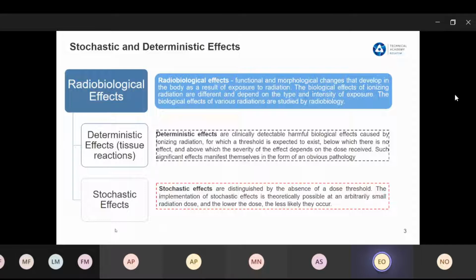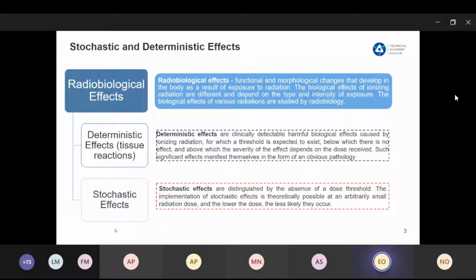Deterministic effects are clinically detectable harmful biological effects caused by ionizing radiation, for which a threshold is expected to exist, below which there is no effect, and above which the severity of the effect depends on the dose received. Such significant effects manifest themselves in the form of obvious pathology: acute or chronic radiation sickness, radiation burns, so-called local radiation injuries, cataracts, temporary or permanent sterility, and so on.